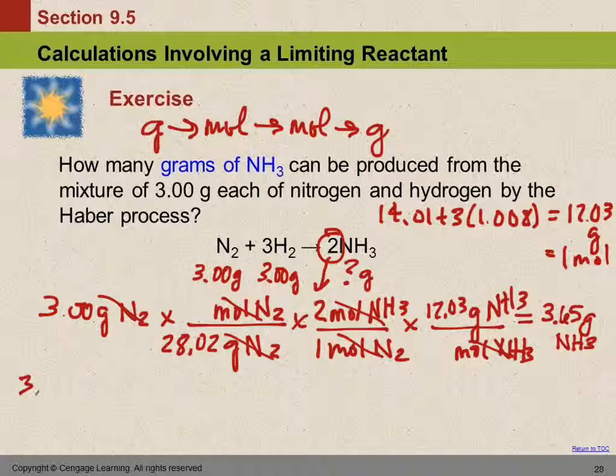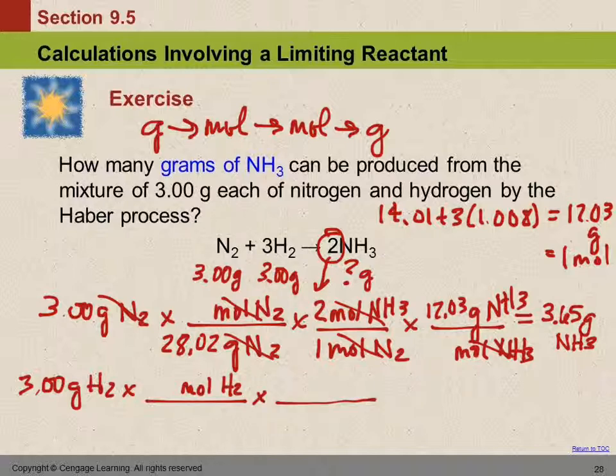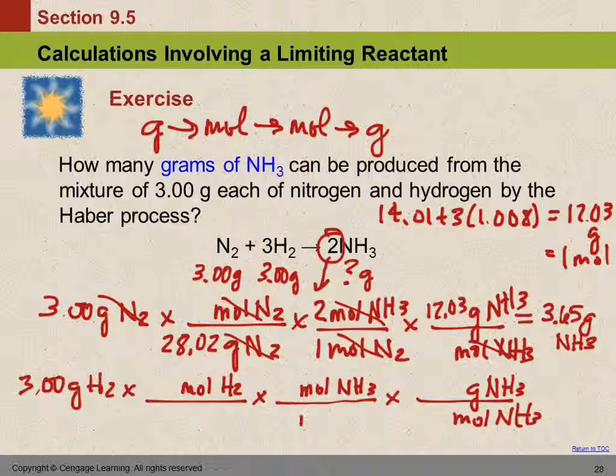So 3.00 grams of hydrogen. We're going to go to moles of hydrogen. And then we're going to go, again, Boots and Dora are going to the same place. Both of these are going to grams of ammonia, NH3. Get all your units in first.